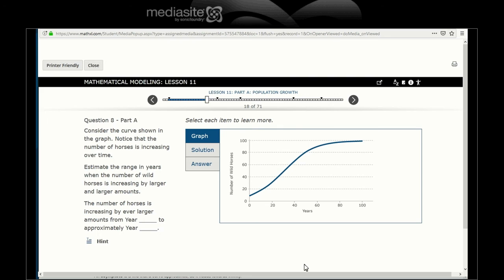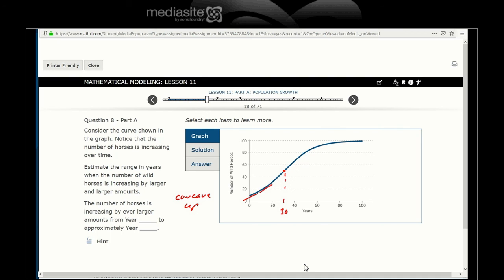And here we go again. Consider the curve shown in the graph. Notice that the number of wild horses is increasing over time. Estimate the range in years when the number of wild horses is increasing by larger and larger amounts. Larger and larger amounts means the slope is increasing, so I want to be concave up. The limit's 100, so half is 50.